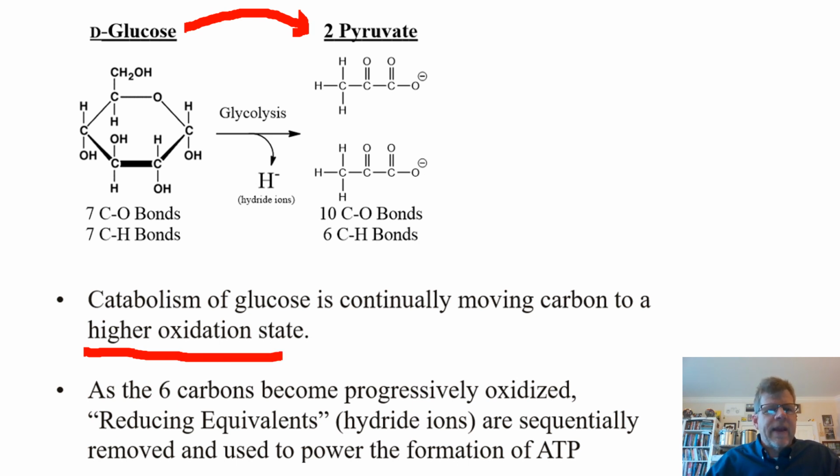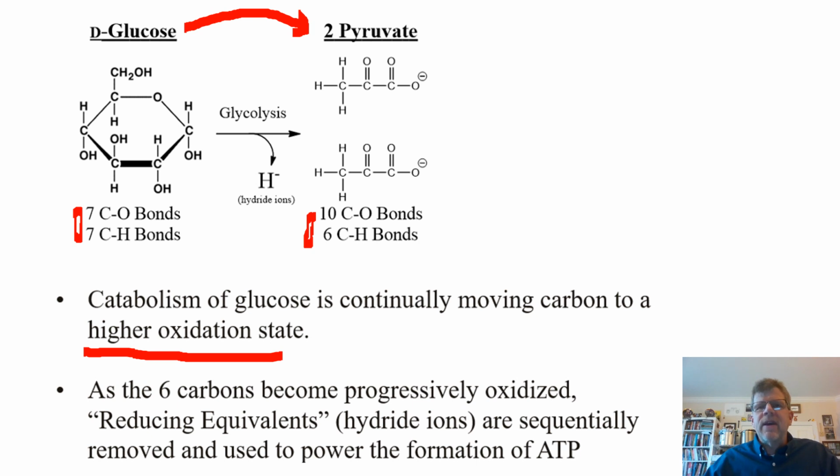Again, we can see that by counting the number of carbon-oxygen bonds and carbon-hydrogen bonds on the reactant side and the product side. We find that we increase the number of carbon-oxygen bonds and decrease the number of carbon-hydrogen bonds. So that must be an oxidation. We can say generally that carbon in that process is moving to a higher oxidation state.